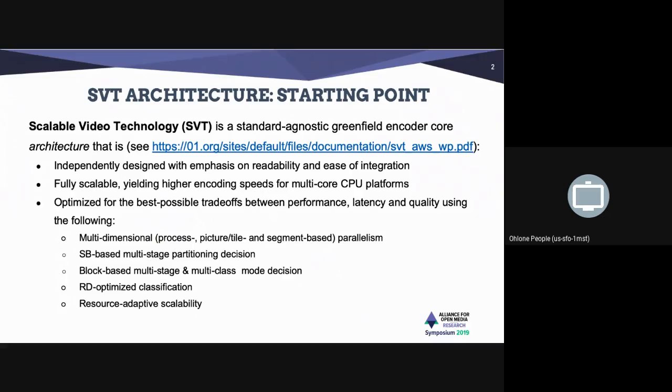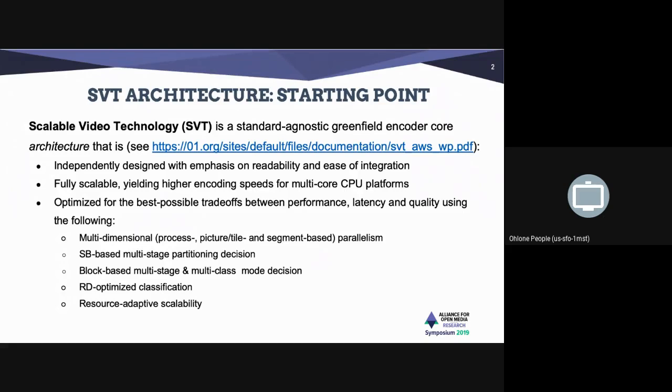What is SVT? SVT stands for Scalable Video Technology, which is a standard agnostic software architecture that is based on three main things: independently designed with emphasis on readability and ease of integration of any tools on top of it.